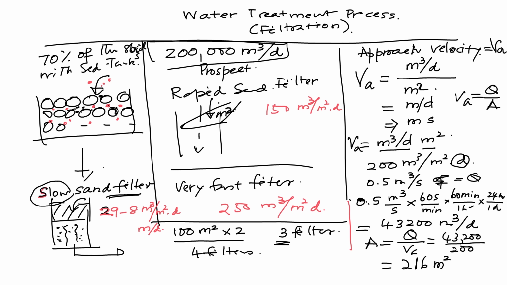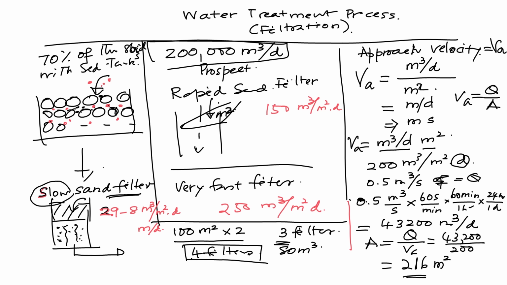The reason is the principle of having a double system, like you can close one part and then you can operate the other part. So you don't have a single filter, you have double filter. So therefore it's going to be 4 filters, and of course each of them is going to be 100 square meter, or you can have 80 square meter each of them.